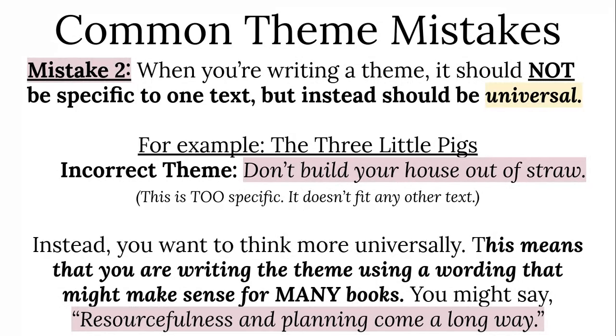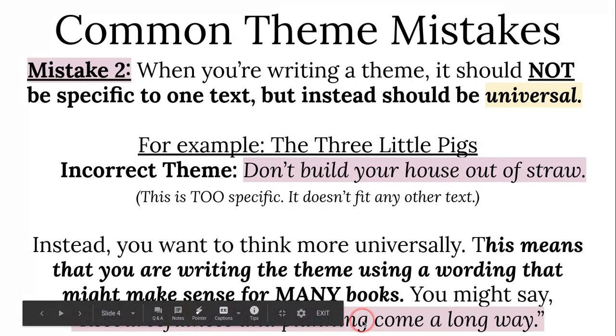So instead, we want to think about this idea that it needs to fit many books. And we may say instead, resourcefulness and planning come a long way. We're basically saying the same thing, that you need to be resourceful and you need to plan what your house is like so that it doesn't get destroyed. But we're saying it in a way that is really fitting for many texts.